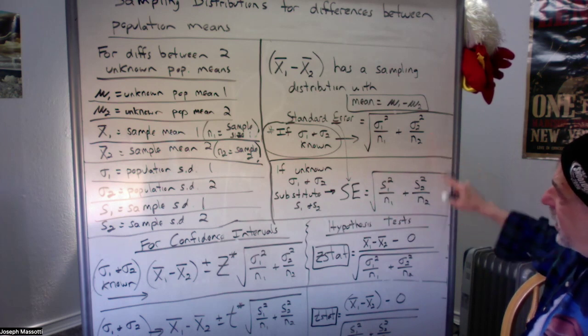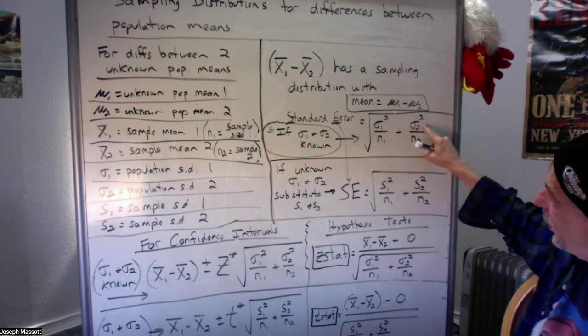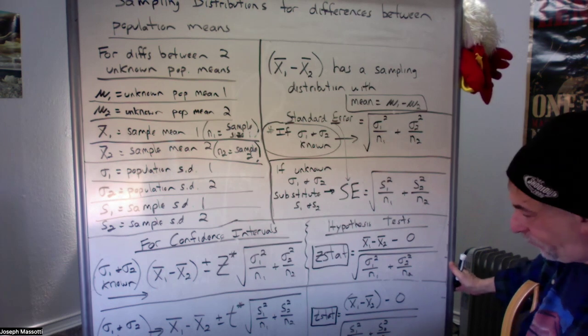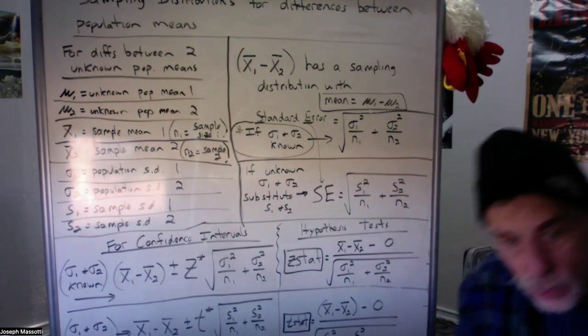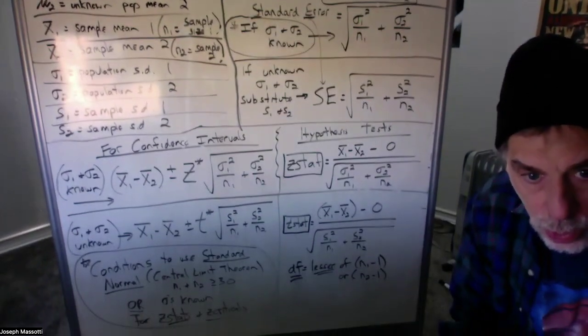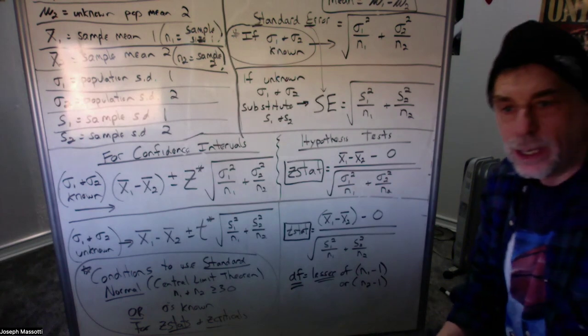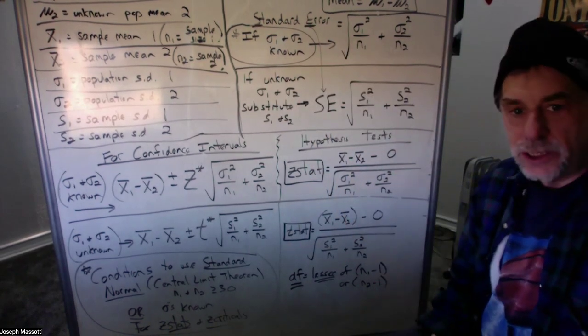Right? Notice these are very similar, the only difference being the population standard deviations here as opposed to the sample standard deviations here. Okay. So we're concerned with creating confidence intervals and performing hypothesis tests for this difference between two means.